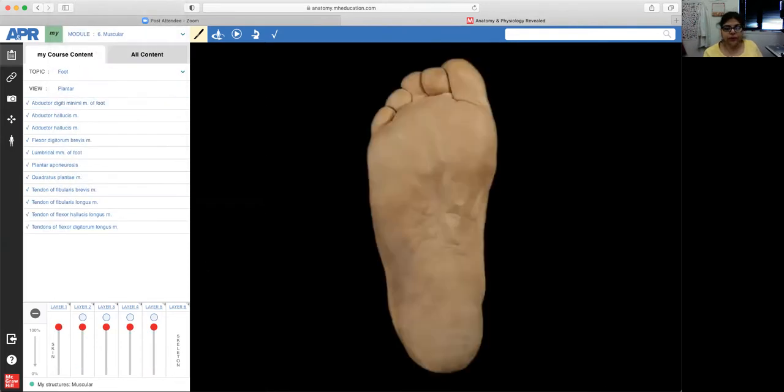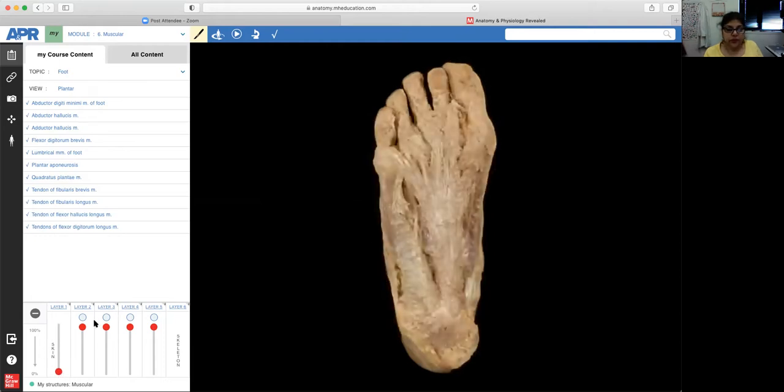Lastly, foot. Okay, so we are looking from here. Plantar view. That means from the sole of the foot. Plantar aponeurosis. Remember, like the palmar aponeurosis we had in the hand, right? Here it is plantar because it's in the sole of the foot.